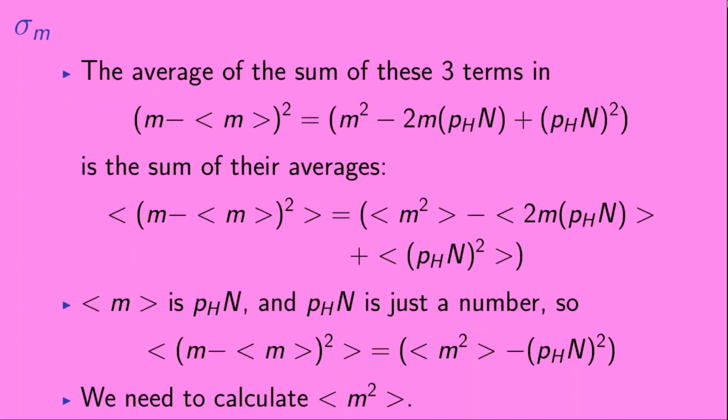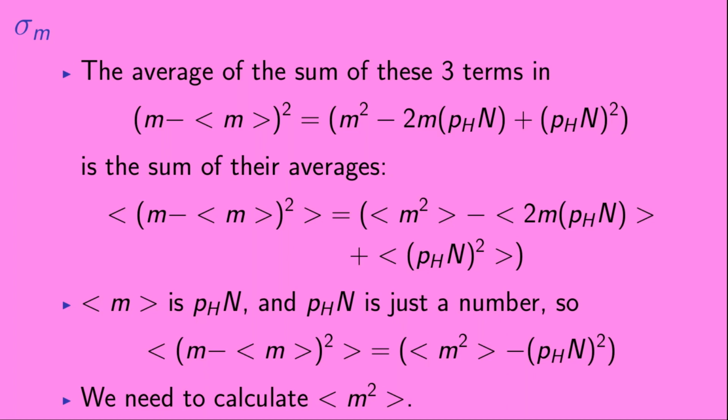Okay, so the average of the sum of the three terms in our expression is the sum of their averages. So the average of the square of m minus the mean value of m is equal to the mean of m squared minus the mean of 2m phn plus the mean of phn squared.